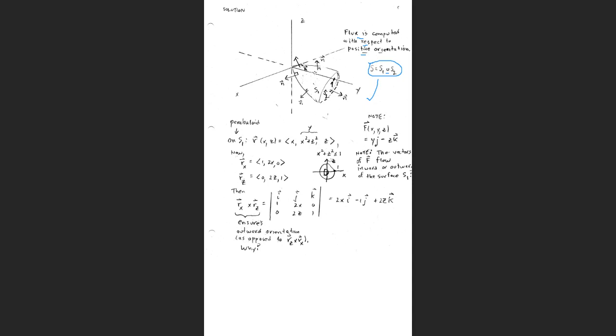Okay, so one thing I want to comment on is our vector field, our force field, which is given by F = yj minus zk. This entire surface is located to the right of the xz plane. So the force field has a j component equal to y, and a k component which is negative z.